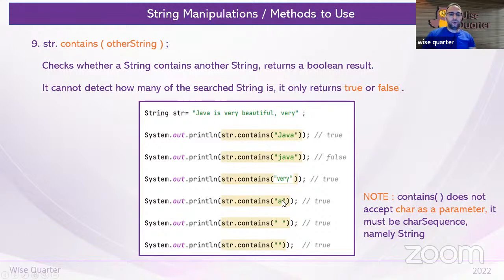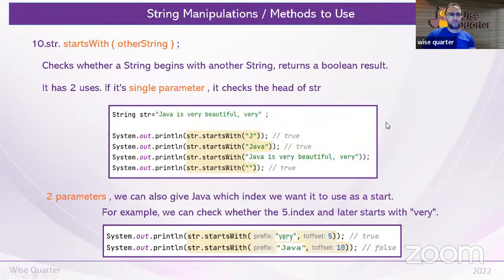Whenever it finds the first one, it will say yes, it has it. That's all for the contains method, and you need to enter another string value or variable. We can use both of them, but it should be a string.